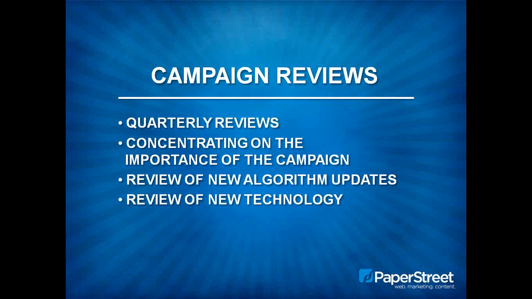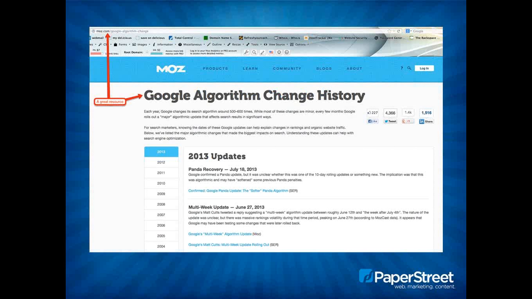One really great way to pay attention to algorithm changes, because a lot of people aren't tuned in directly with Google as opposed to just using it as a search engine, is going to the website moz.com.